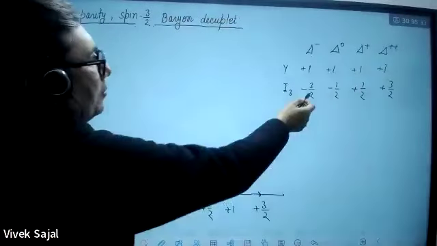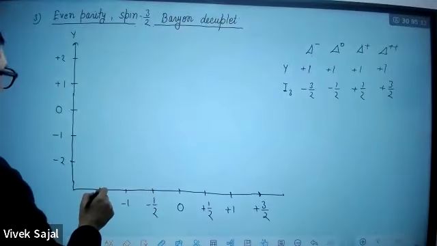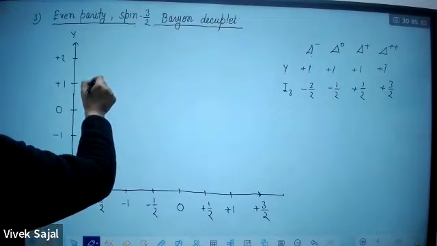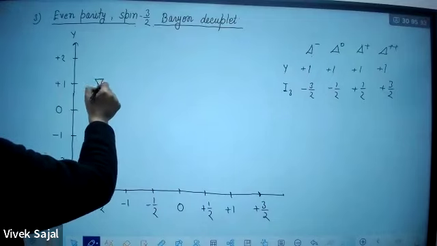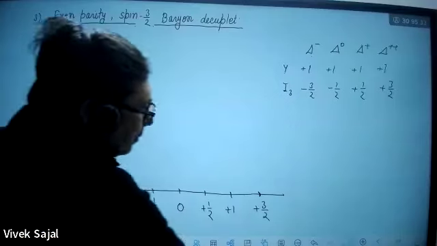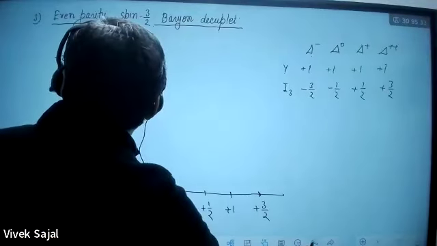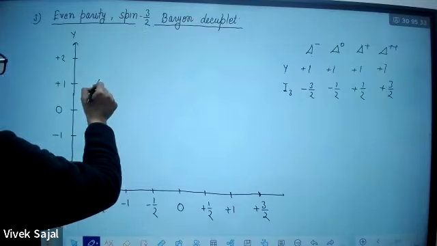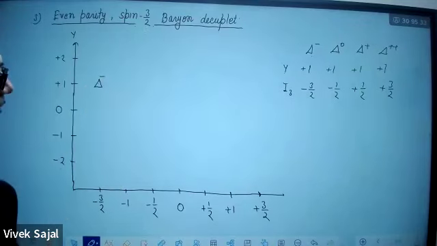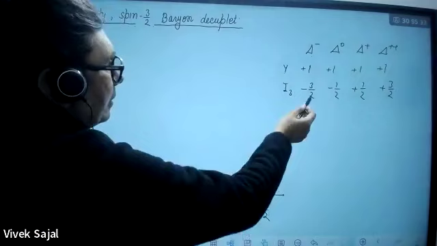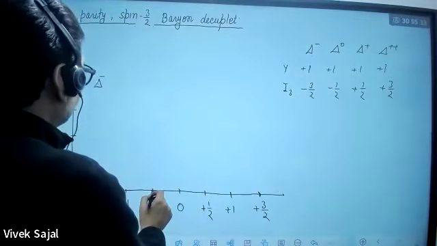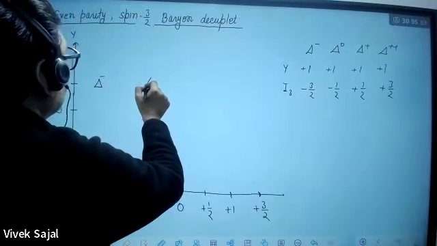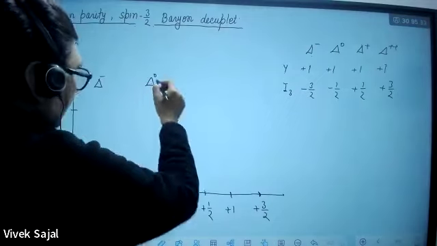So at -3/2 and +1, this will be delta minus. Okay. Next, at -1/2, here this will be delta naught.